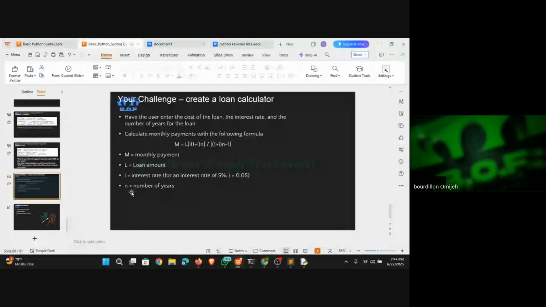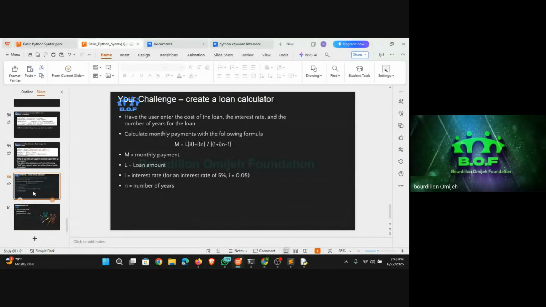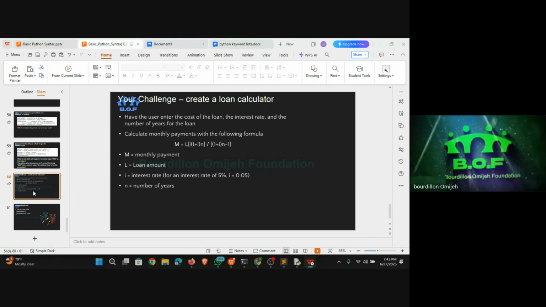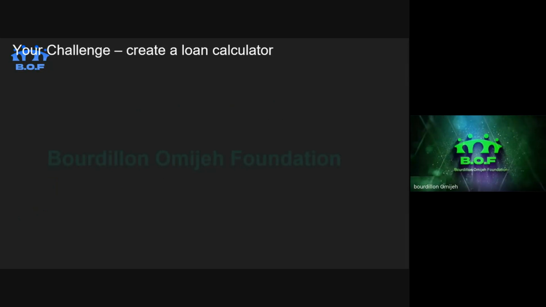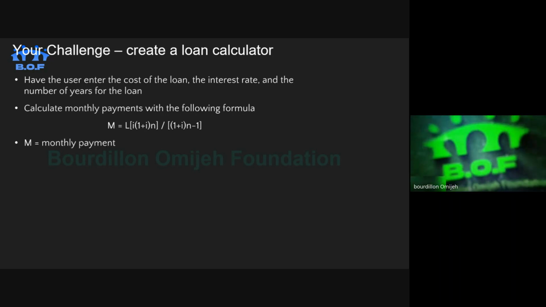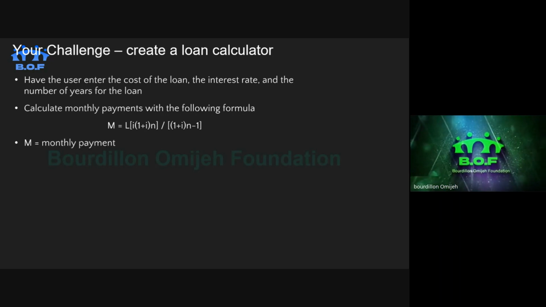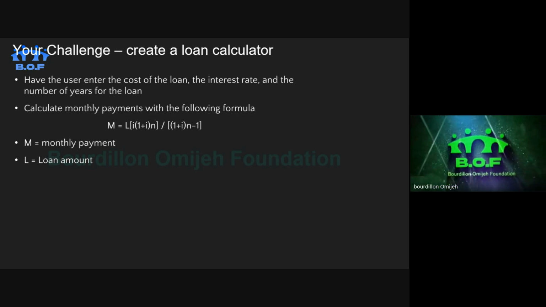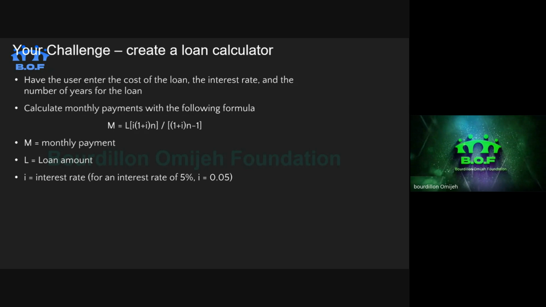It says a loan calculator. Have the user enter the cost of the loan, the interest rate, and the number of years for the loan. We're going to calculate the monthly payments with the following formulas. So they've given us the formula to calculate our loan.